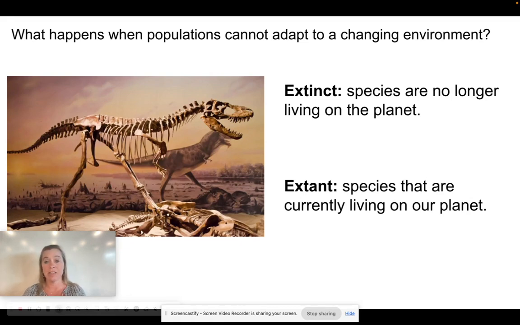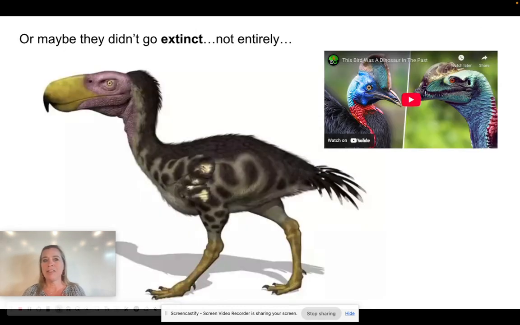That's the definition of extinction. However, there are a lot of species on our planet that are extant, meaning species that are currently living on our planet. And just because we think that organisms are going extinct, they may have ancestors that diverged long ago that are still on our planet, still carrying their genes on.